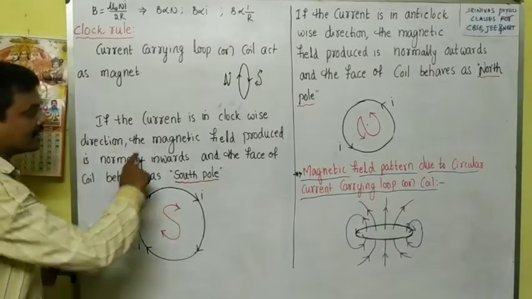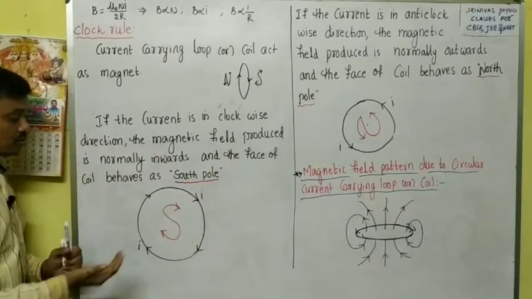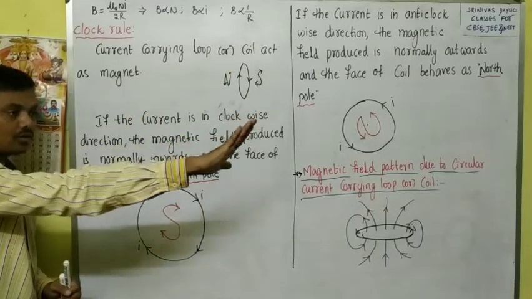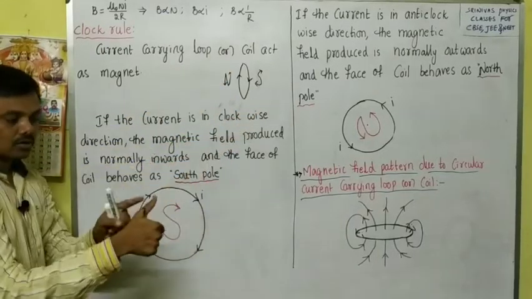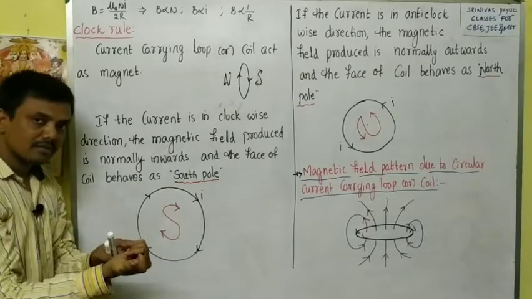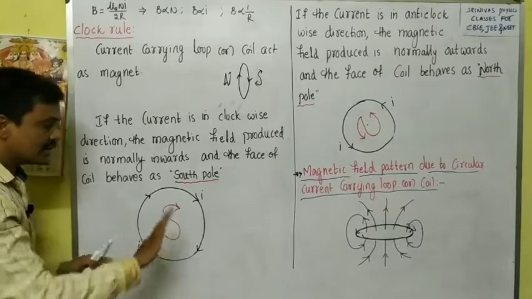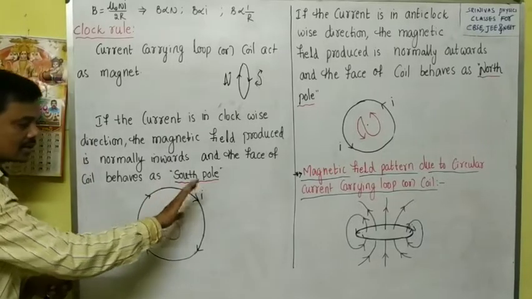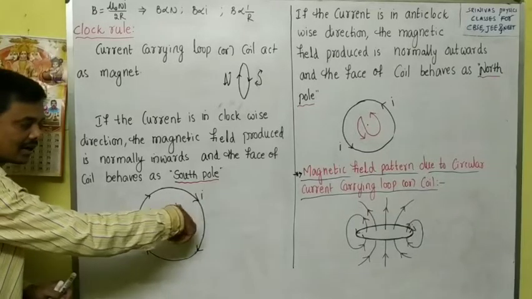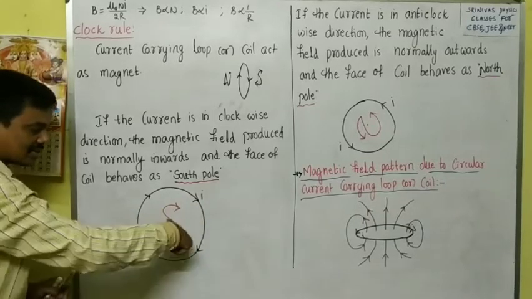And here we are saying the magnetic field is inward. For this we have to use the right hand thumb rule. According to the right hand thumb rule, the curled fingers show the current and the thumb shows the field. These curled fingers are in a circle, showing the current in clockwise direction, and the field is inward.